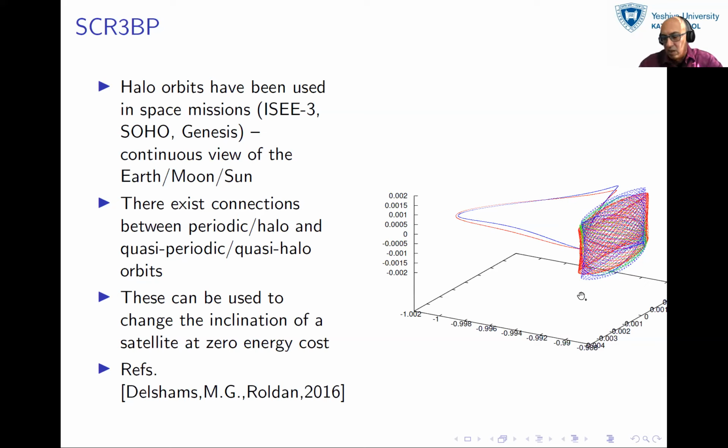Instead of doing this very, very slow motion at zero energy cost, you fire the rocket and you quickly go where you are supposed to make the next move. So instead of moving around forever, you fire the rocket and you go right away.